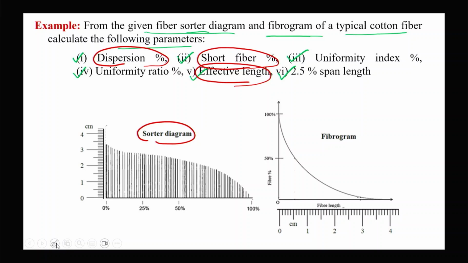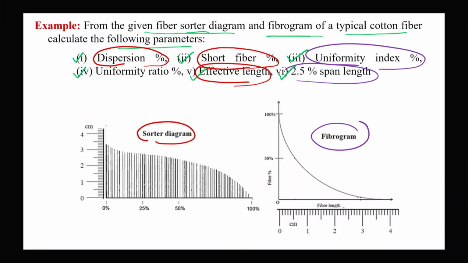And from the fibrogram we will get the uniformity index, 2.5% span length and uniformity ratio.